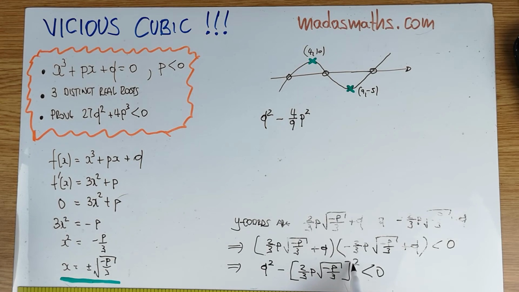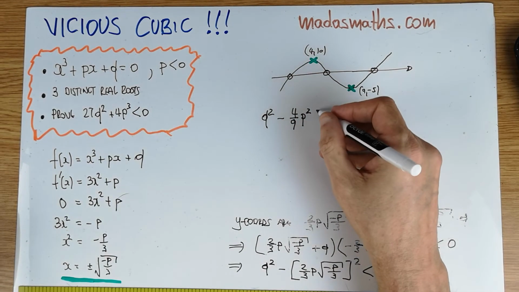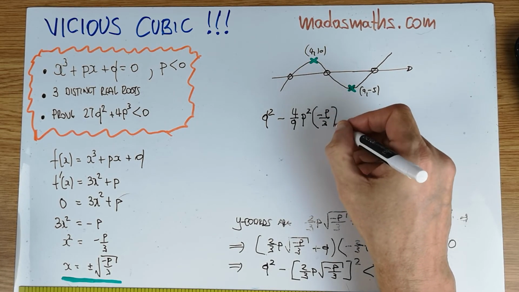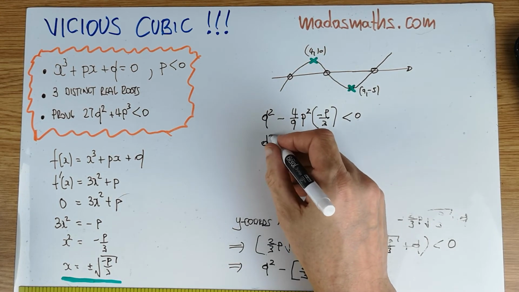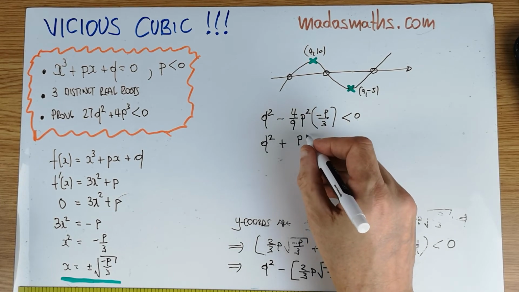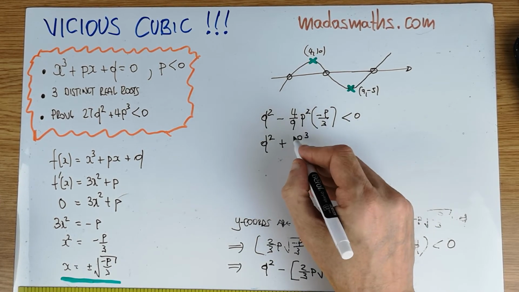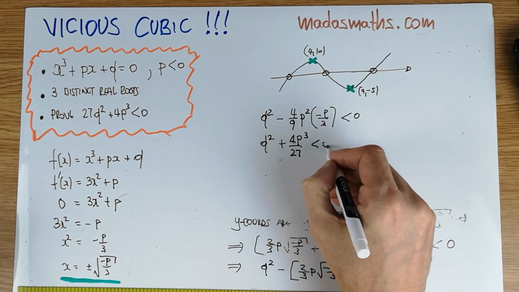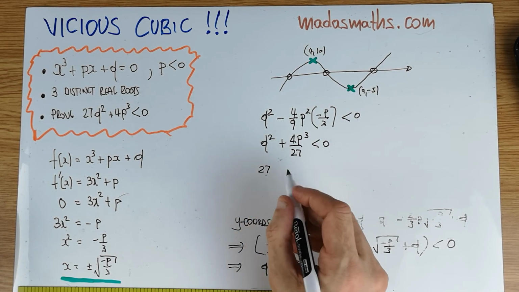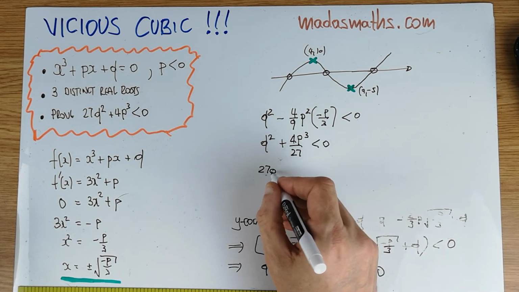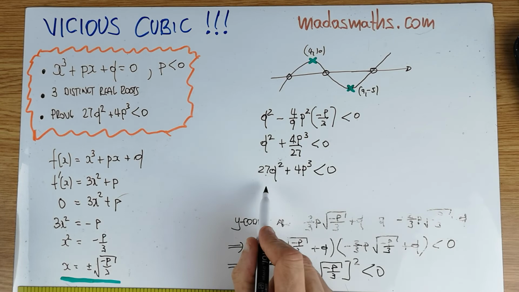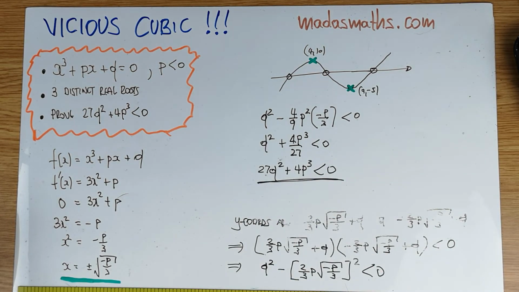And then of course we're squaring this quantity here, and I want to use a bracket because of course when it gets squared it's going to be a minus p over 3 less than 0. q squared, and it's going to be a plus, minus times a minus, a p cubed, that's this bit here, and then we'll go 4 over 27 is less than 0, and of course since 27 is a positive number and we don't have to worry about anything else, 27 q squared plus 4p cubed is less than 0, and of course the result has been proven.